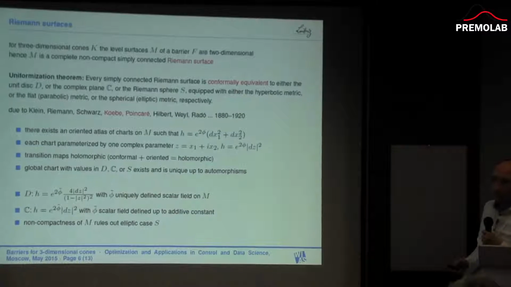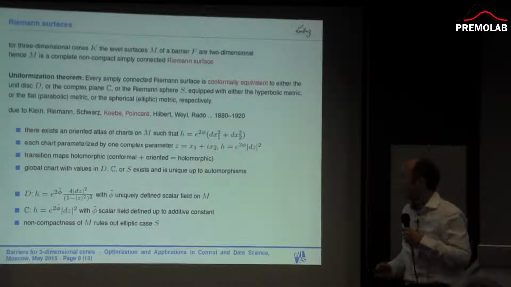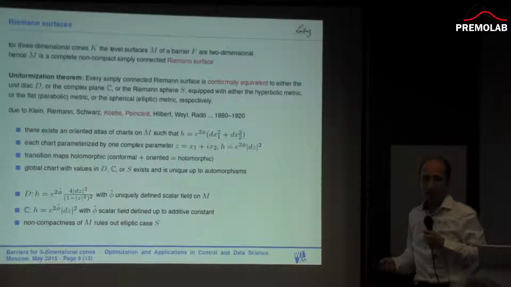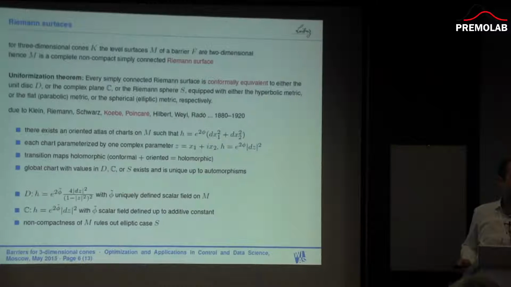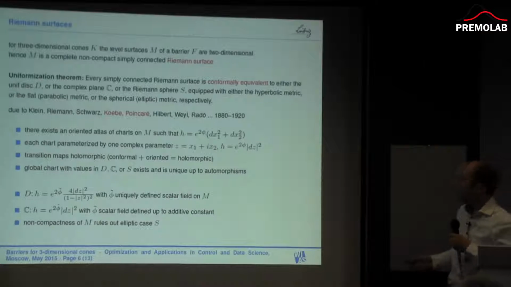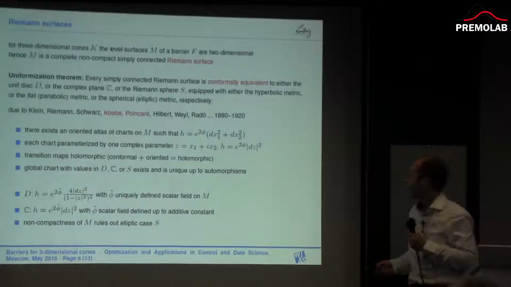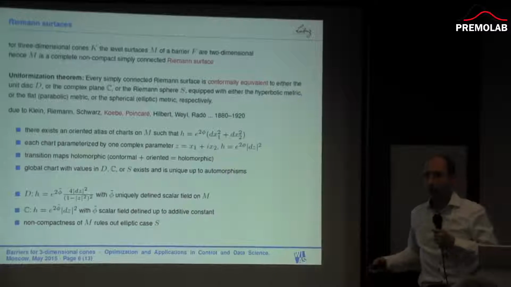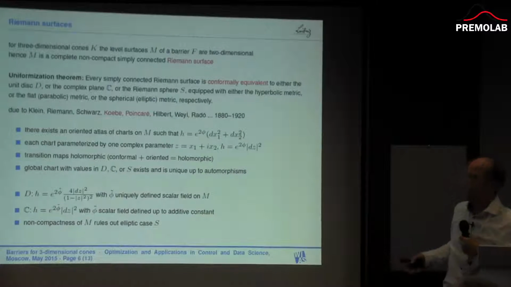And there exists a strong result which describes all these Riemann surfaces. So this is the uniformization theorem. And it actually says that every simply connected Riemann surface is conformally equivalent to one of three standard spaces.